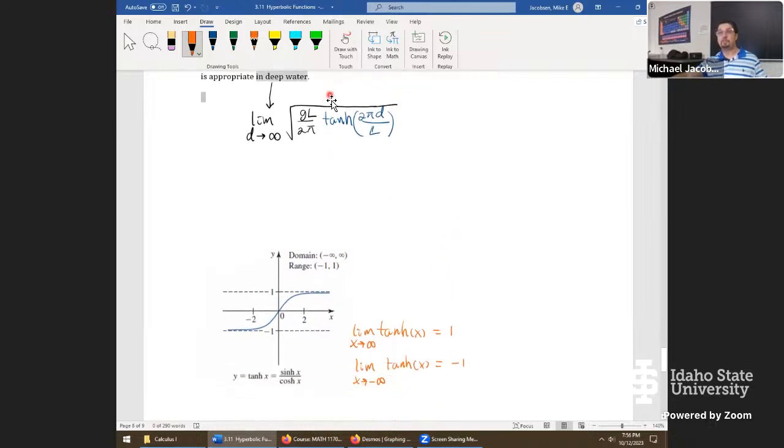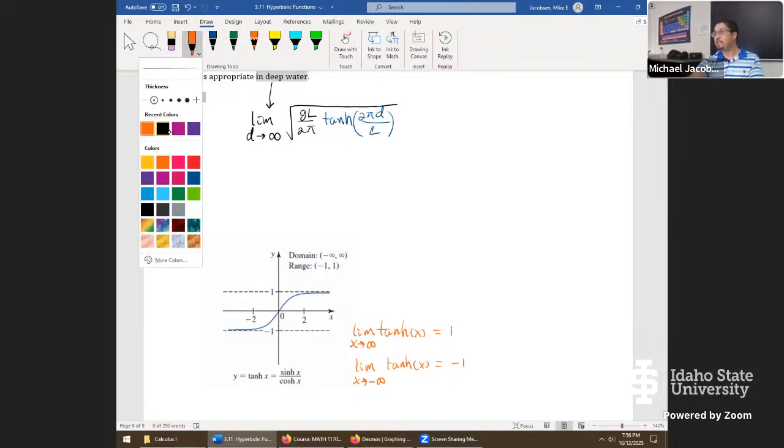So back to this function up above, we're going towards the positive direction. We're taking the limit of a hyperbolic tangent. There's a lot of constants inside, but still, with whatever those constants are doing, the variable d is much like the variable x. The whole thing is just approaching 1 altogether.